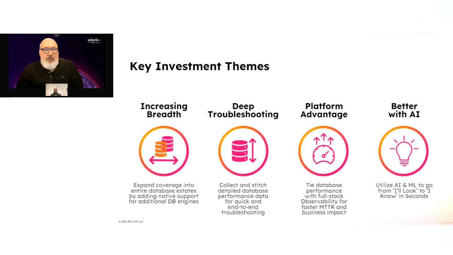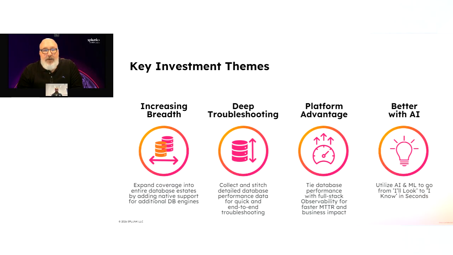First, we're building universal coverage by rapidly expanding our support for more database vendors and more database types so that we can cover your entire database landscape. Second, we're extending our precision troubleshooting by moving beyond some of the simple stuff that you've seen here today to even deeper, more granular diagnostics to provide expert insight into database performance problems.